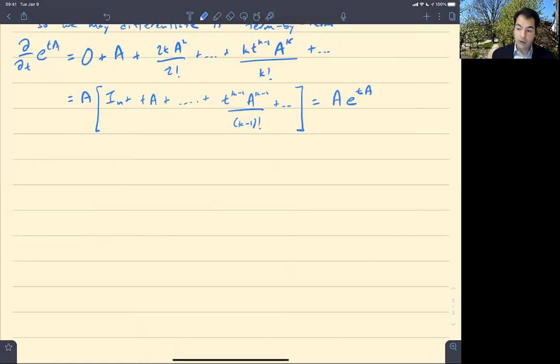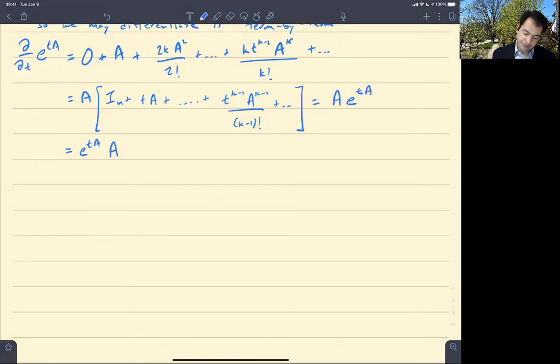Right. On the other hand, we could have pulled out a common factor to the other side, on the right. And so this is also equal to e to the ta times a. So that's a nice property that we see here. A commutes with e to the ta.